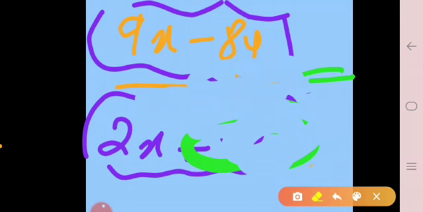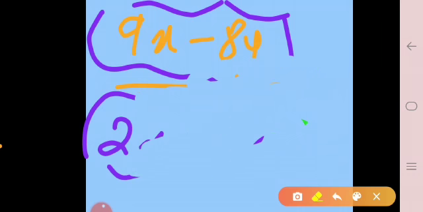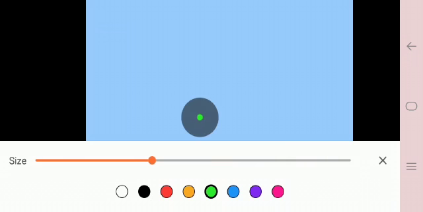Let me rewrite everything again. So we had 9x minus 8y.